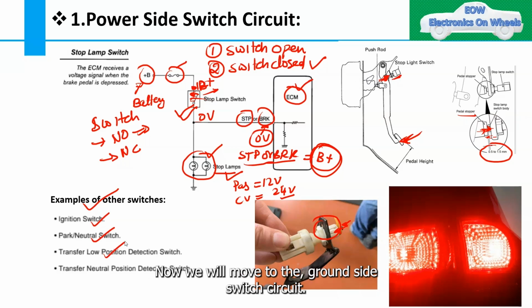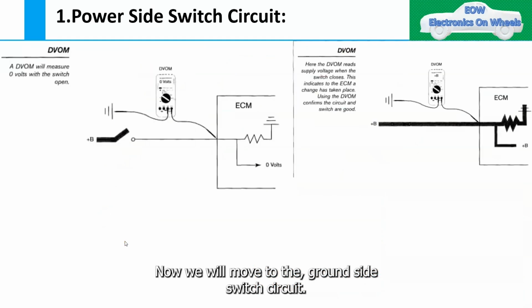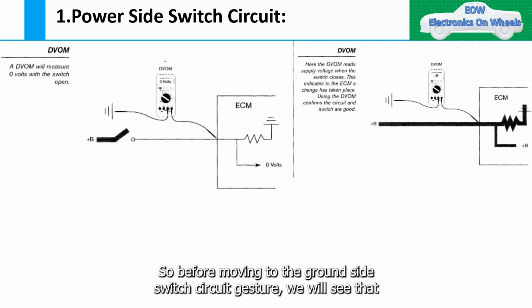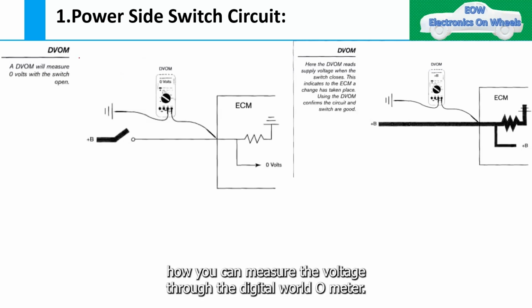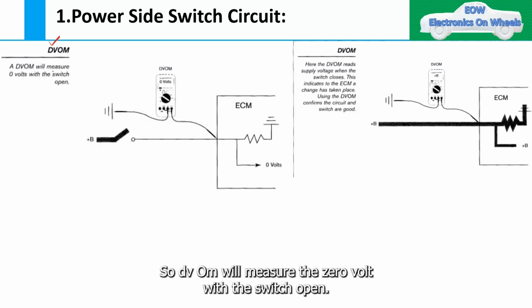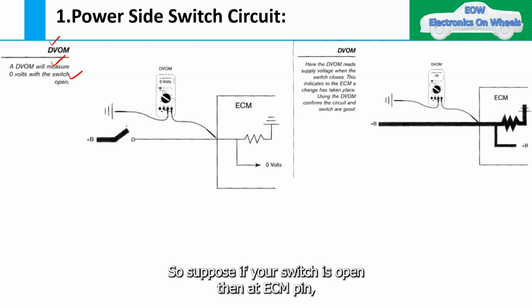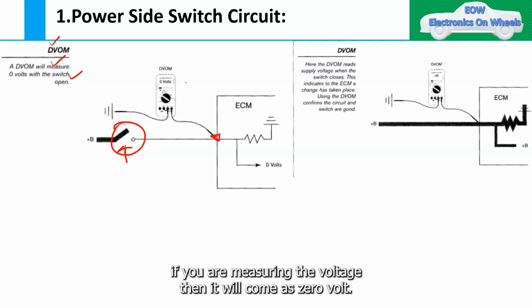Now we will move to the ground side switch circuit. Before that, let's see how you can measure the voltage with a digital volt ohm meter. The DVOM will measure 0 volt with the switch open. If your switch is open and you measure the voltage at the ECM pin, it will come as 0 volt.